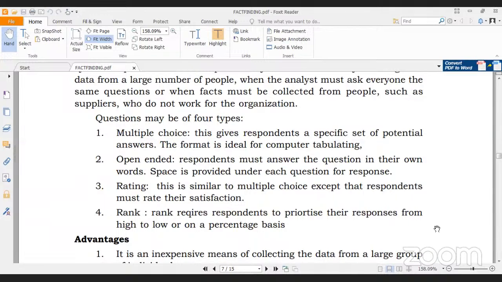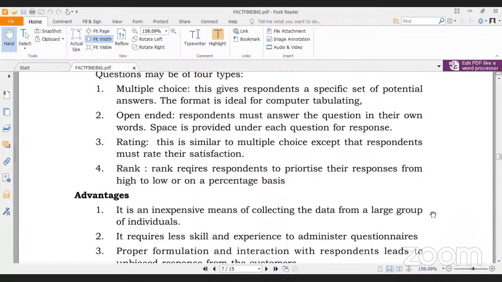You give the rate of satisfaction. Let's say I'll ask the question, how am I teaching? Very good, good, worst, very worst, or not acceptable. Then rank, you can give the ranking questions. What are their, let's say, the priority. Suppose you will ask the priority of a student.